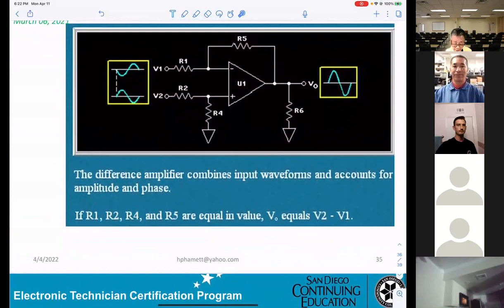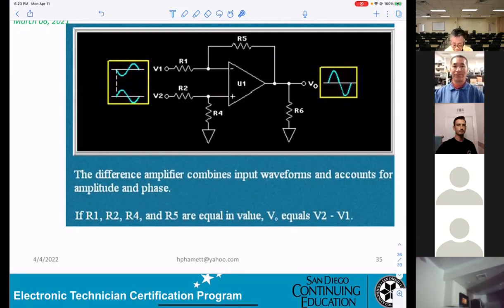Now, the differential amplifier combines input waveforms and accounts for amplitude and phase. If R1, R2, R4, R5 are equal in value, Vout equals V2 minus V1. You understand that, right? We already know.